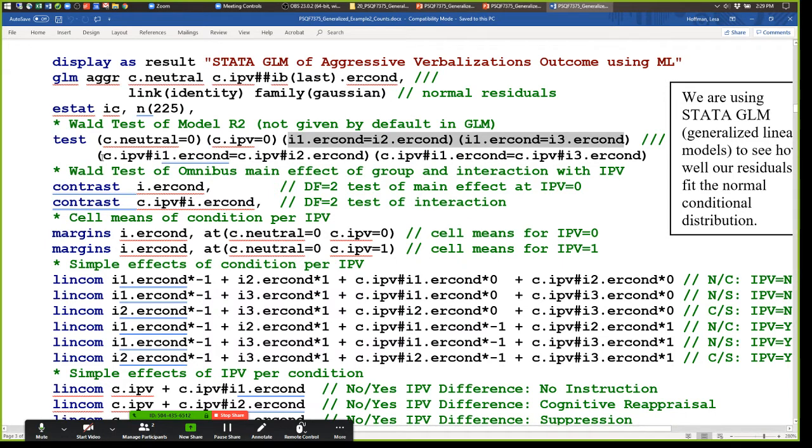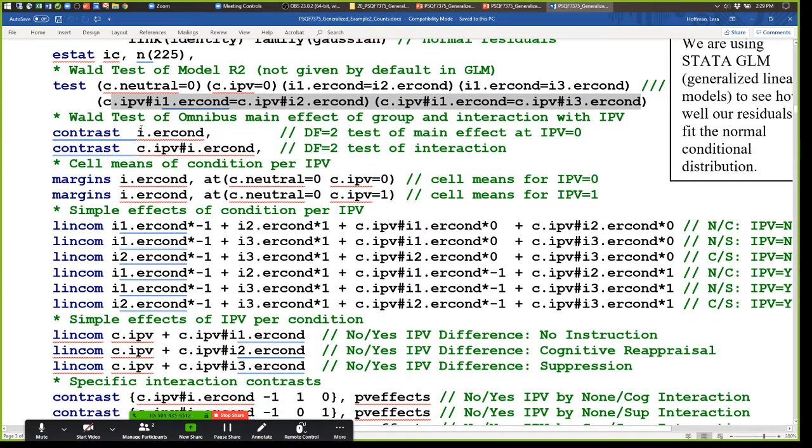Likewise, the interaction of IPV with group. These two are the interaction contrasts. There is a contrast statement you can use to get the simple main effect of group, which is conditional on IPV at 0, given the way the model's set up with the continuous covariates, as well as the interaction term.